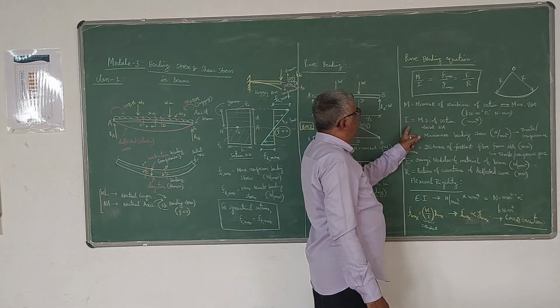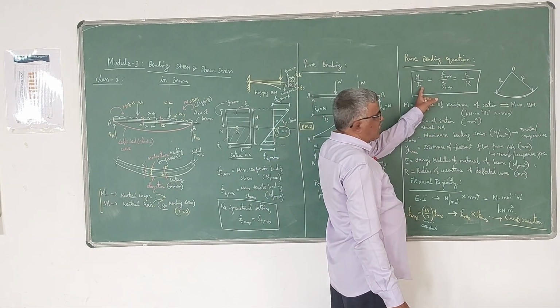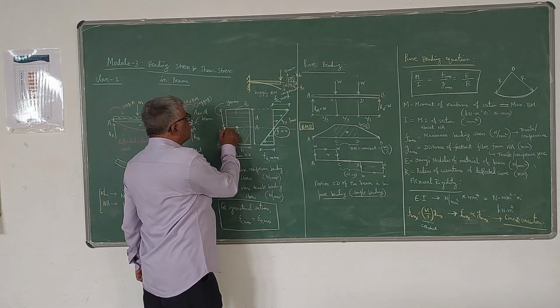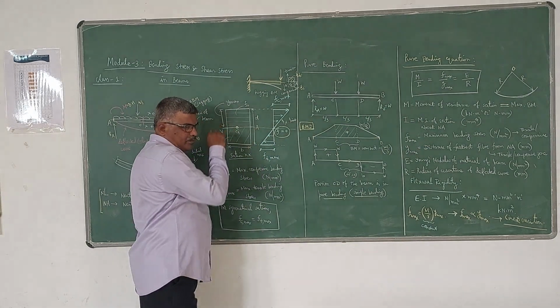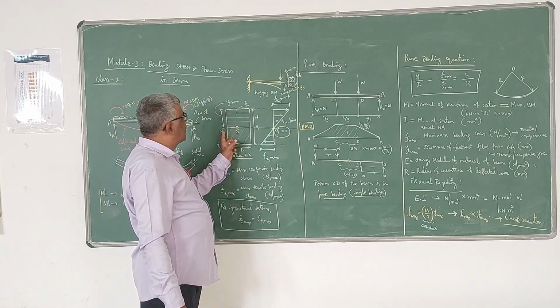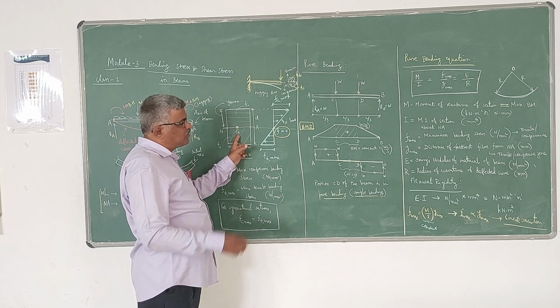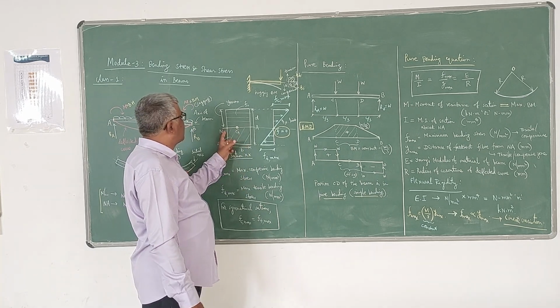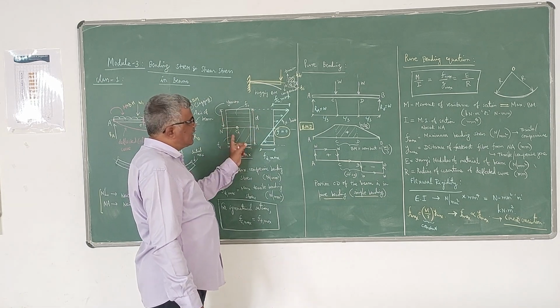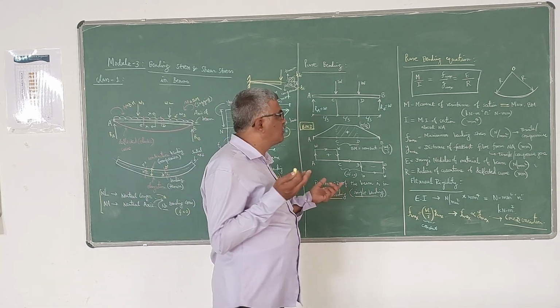Next, I is called the moment of inertia of the section about the neutral axis. So about this neutral axis, we have to find out the moment of inertia. For example, for a rectangular section, I about the neutral axis is nothing but I G only. Moment of inertia about the centroid is the same as moment of inertia about the neutral axis. In the case of a rectangular section, the formula is b d cubed by 12.